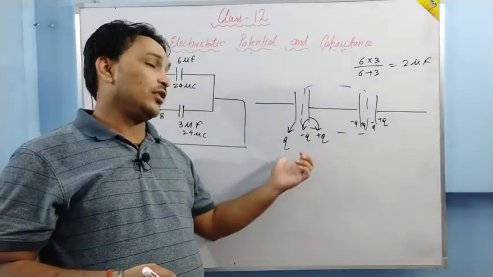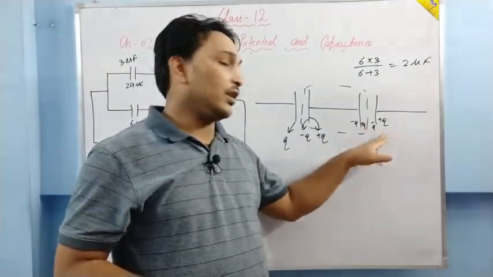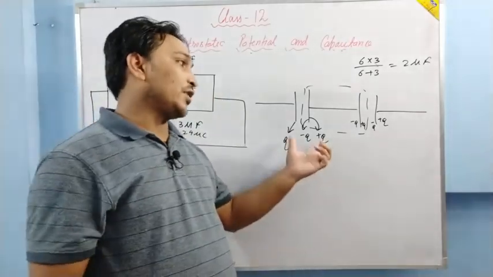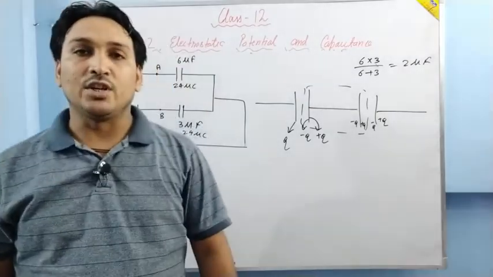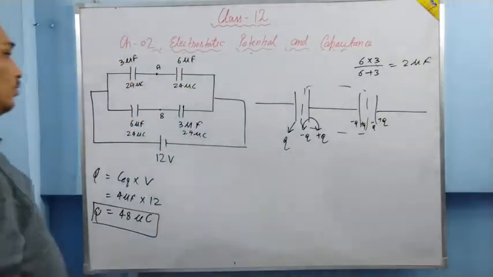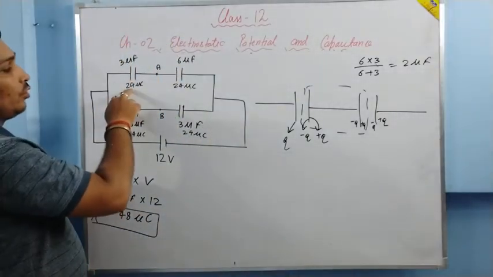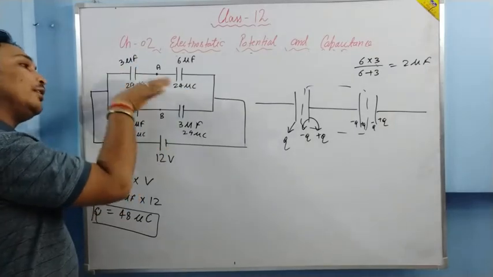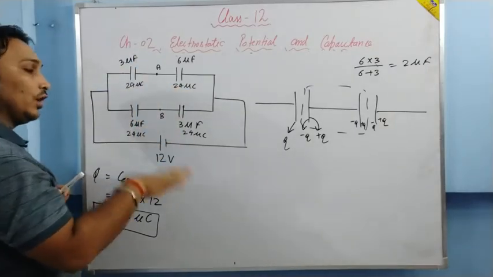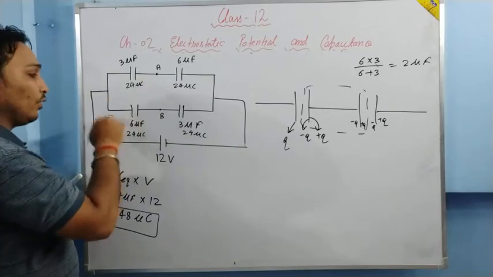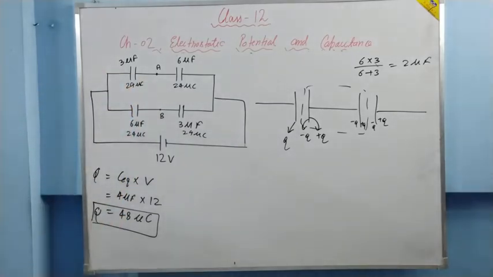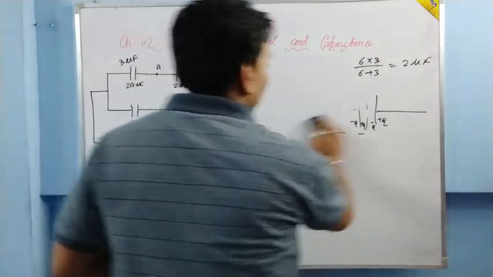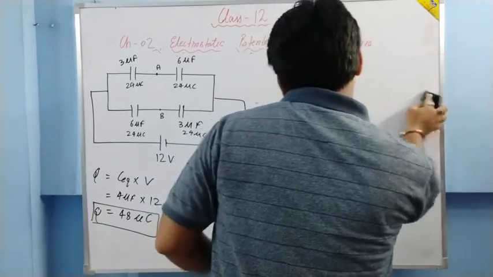That is plus Q minus Q, meaning Q. So whatever charge the first capacitor has in the series combination, the second capacitor will have the same charge. Right? So here also, capacitor charges will be the same. 24 microcoulomb, 24 microcoulomb, but here they are parallel, they will combine and give the answer 48 microcoulomb. For charge you can calculate very easily.